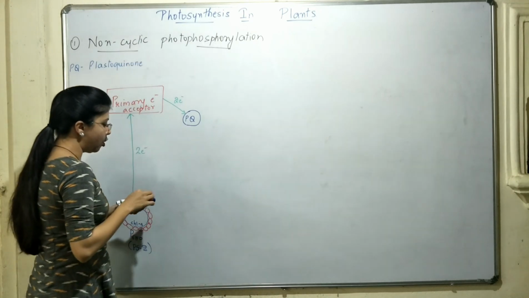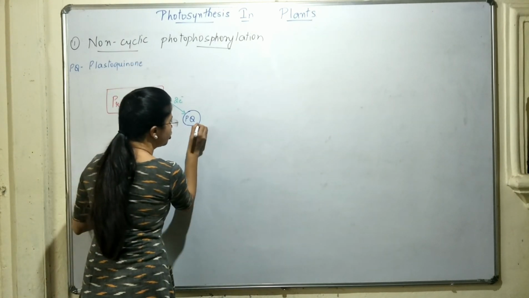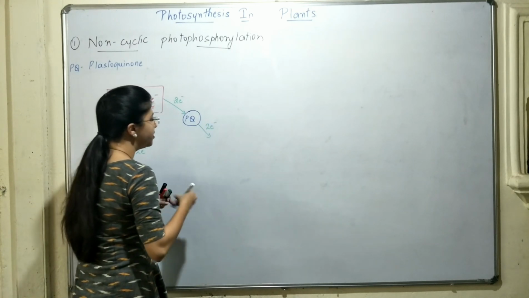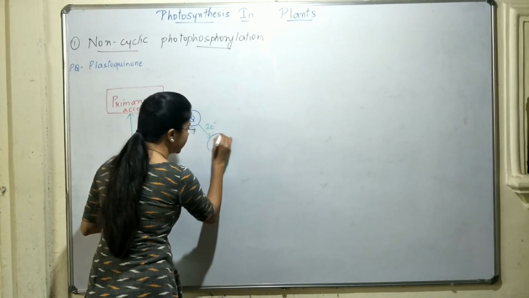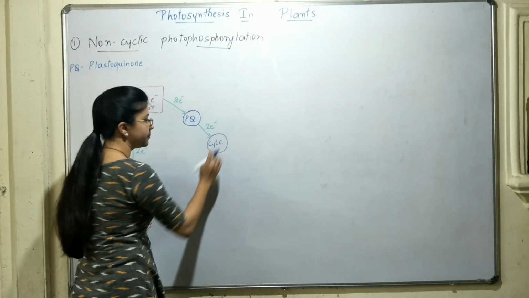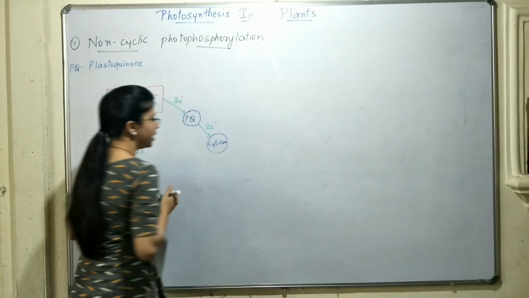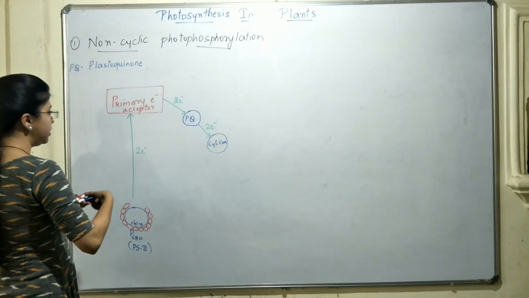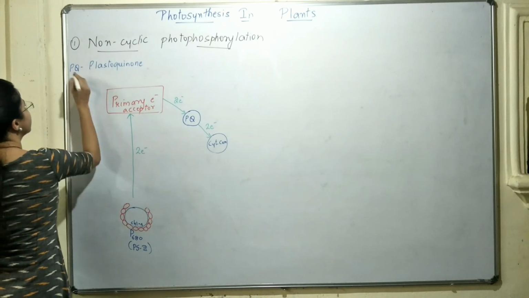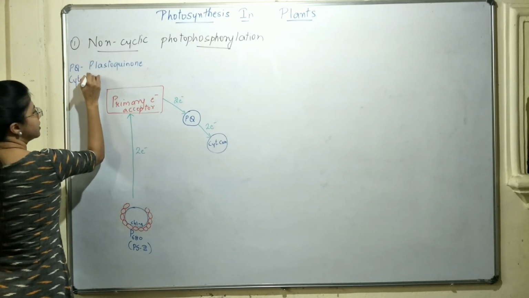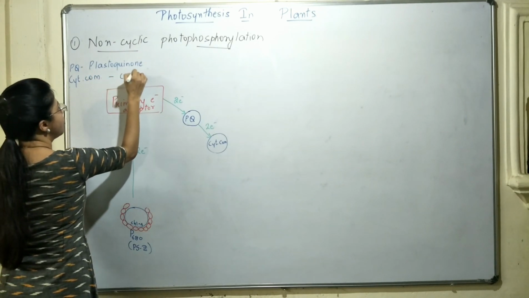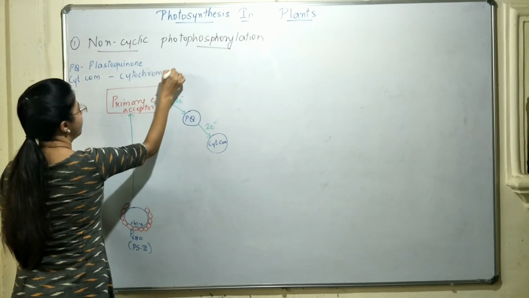The plastoquinone is going to transfer this pair of electrons to the next complex of the ETS, that is the cytochrome complex. CYT stands for cytochrome complex.